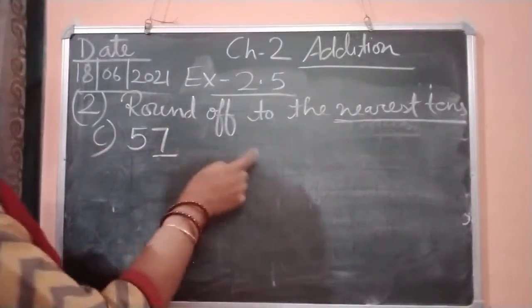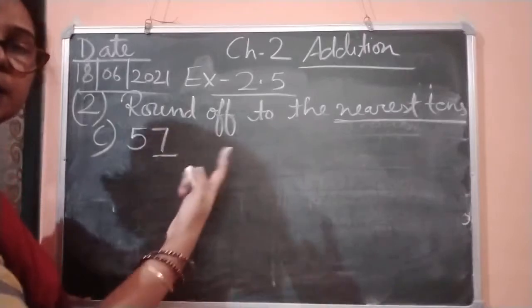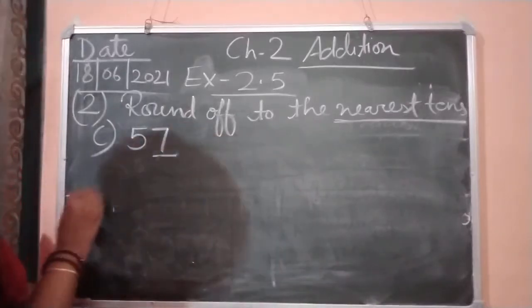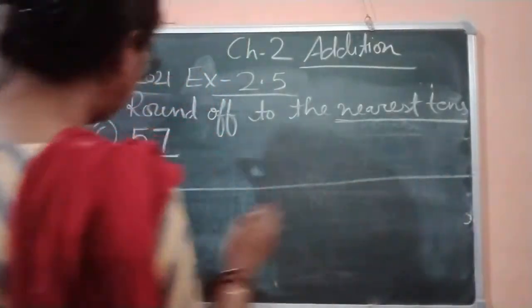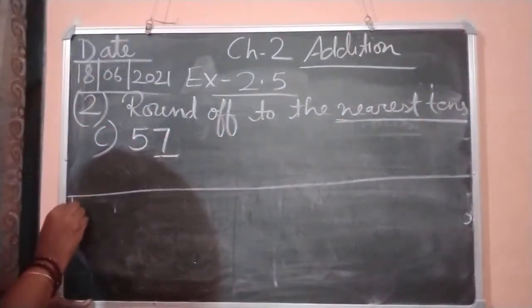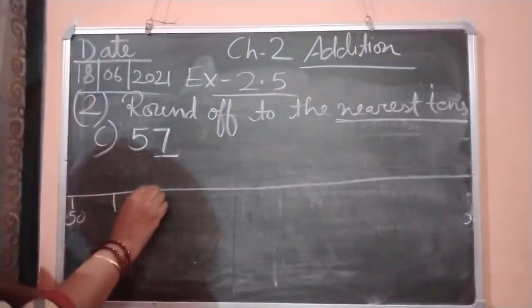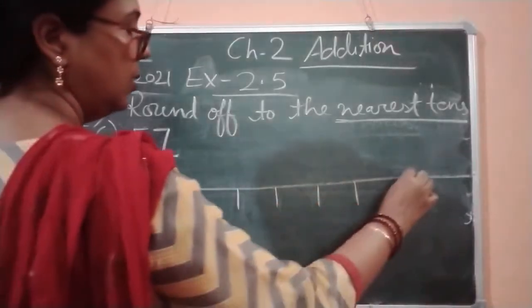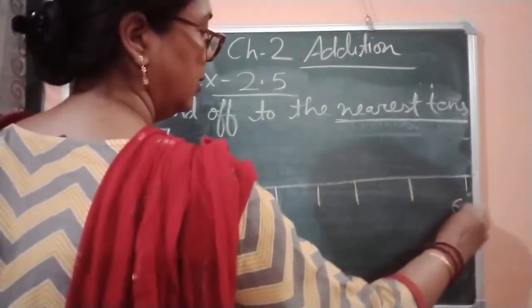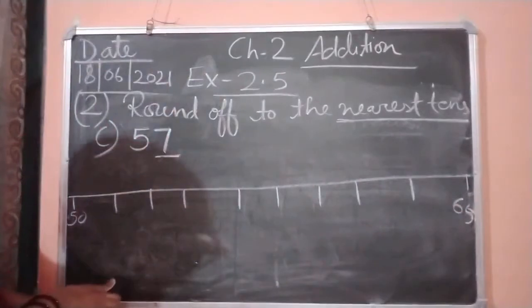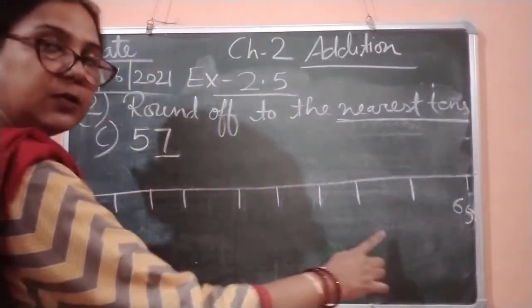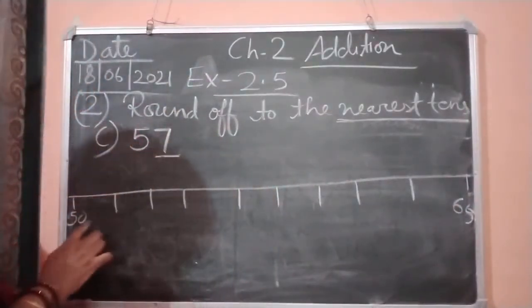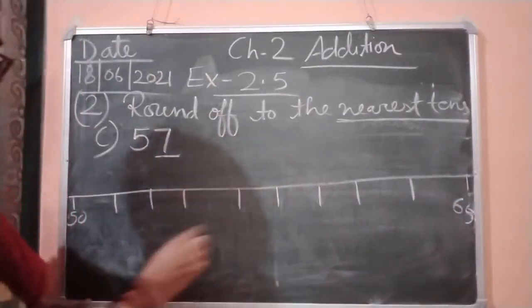So we will round it off to the nearest 10. Again we can draw the line, and this number is in between 50 to 60.